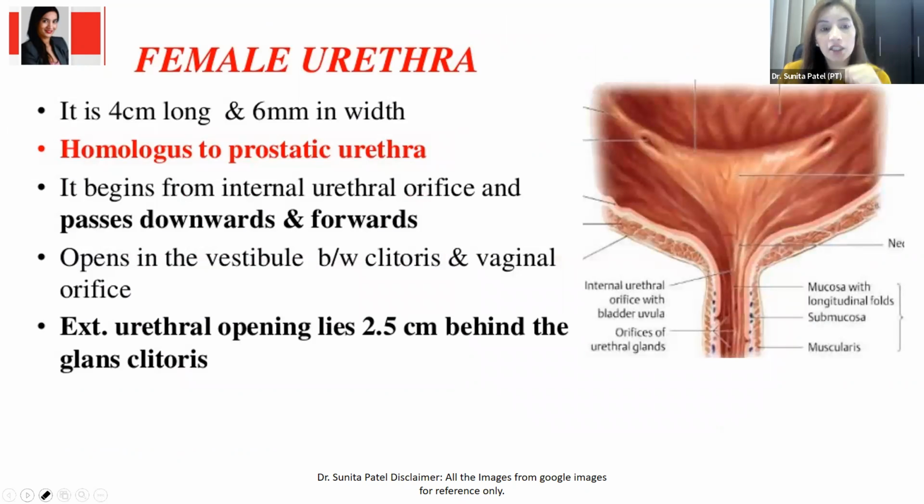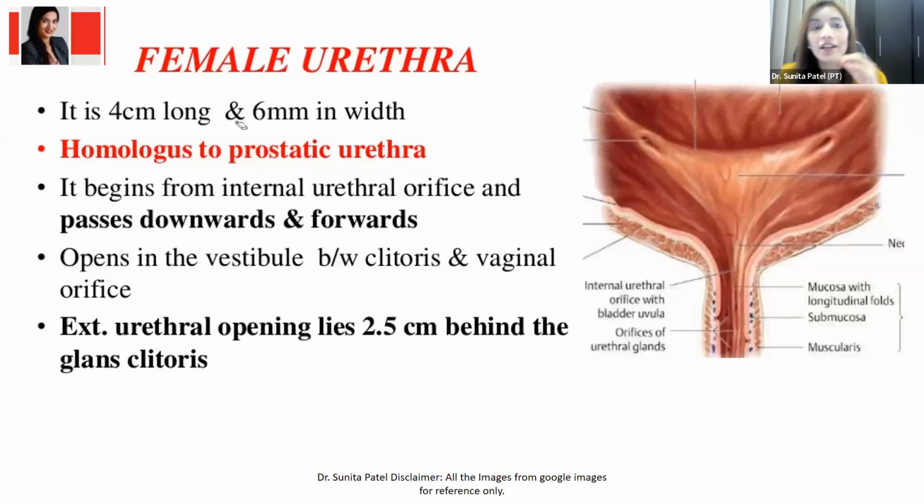This was the clitoris we understood yesterday, and then we have the urethra. The bladder is an organ which keeps filling with urine, and after filling, it keeps expanding and stretching as long as it can, but there will come a time when we have to void. Once the urine has to come out of the body, we have this urethra for that.